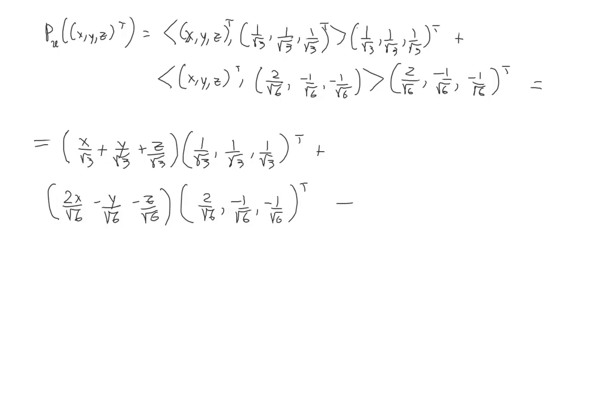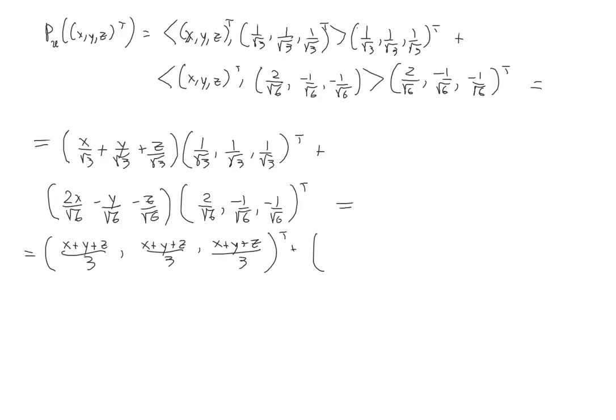I'm doing the scalar multiplication here, and I get (x plus y plus z) over 3, (x plus y plus z) over 3, (x plus y plus z) over 3, plus, and here I will get 4 on the first coordinate. What do I get?